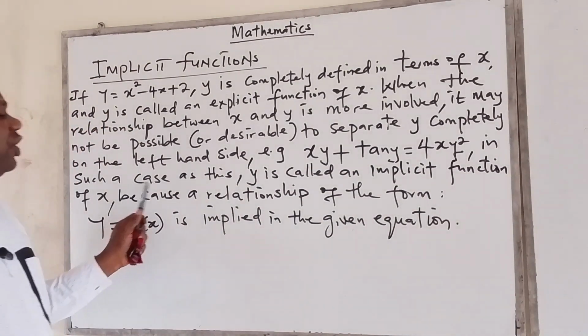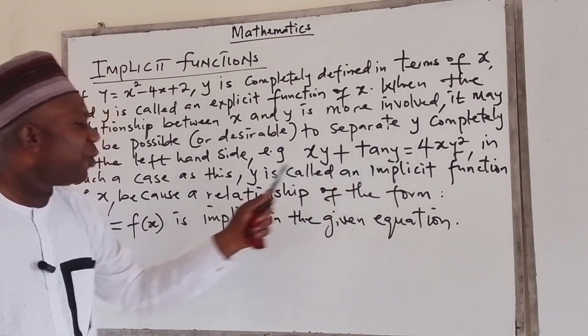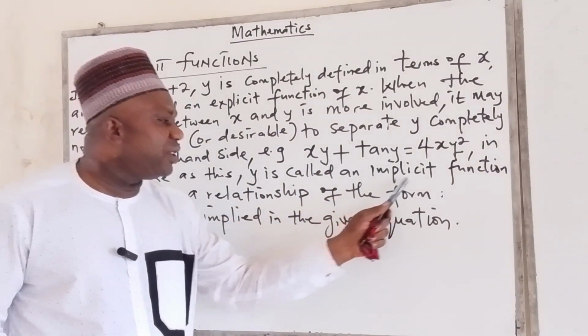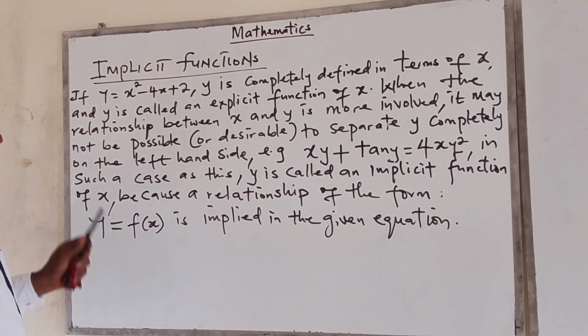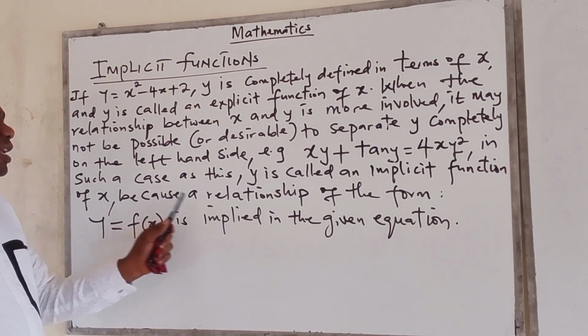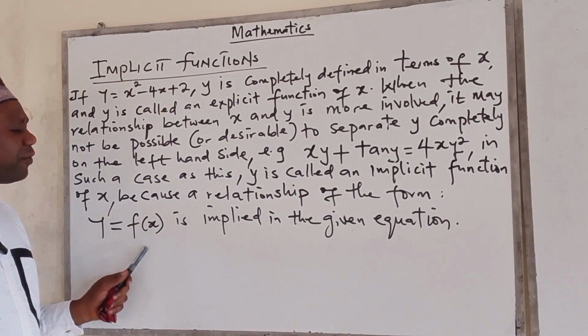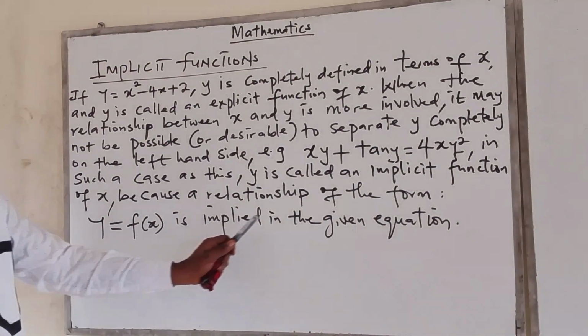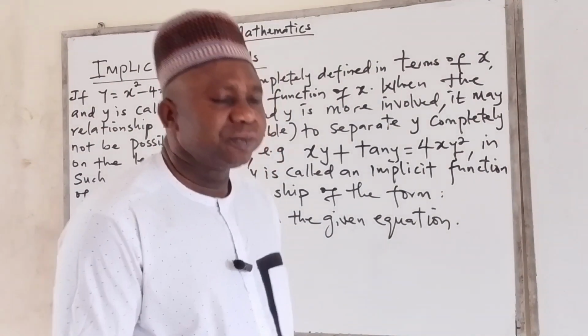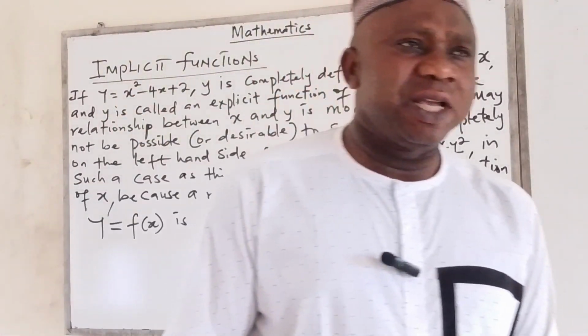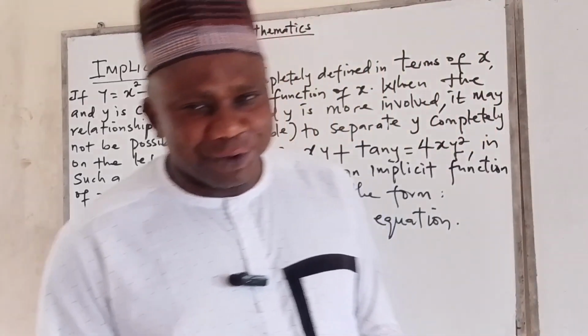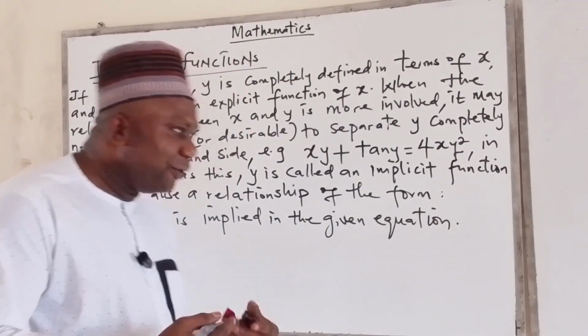So in such a case, y is called an implicit function of x, because a relationship of the form y is equal to f of x is implied in the given equation. Now we are going to be looking at how to find the derivative of an implicit function.